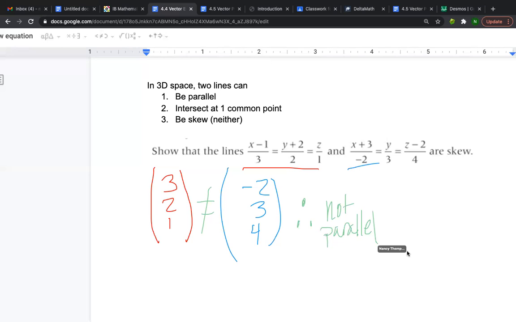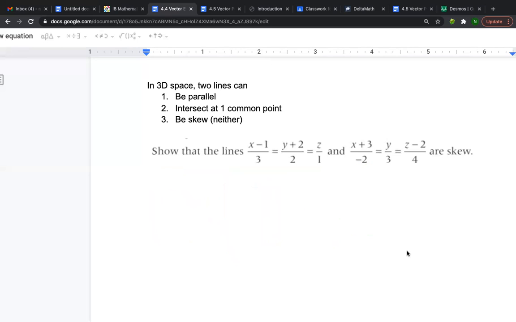Now I need to prove that they don't intersect. In order to show that they don't intersect, I have to show that their x, y, and z are not the same. So this is going back to that idea of proof by contradiction. If I want to show that they don't intersect, first I have to try to make them intersect. So I have that in the first one, x is equal to 1 plus 3 lambda. y is equal to -2 plus 2 lambda.